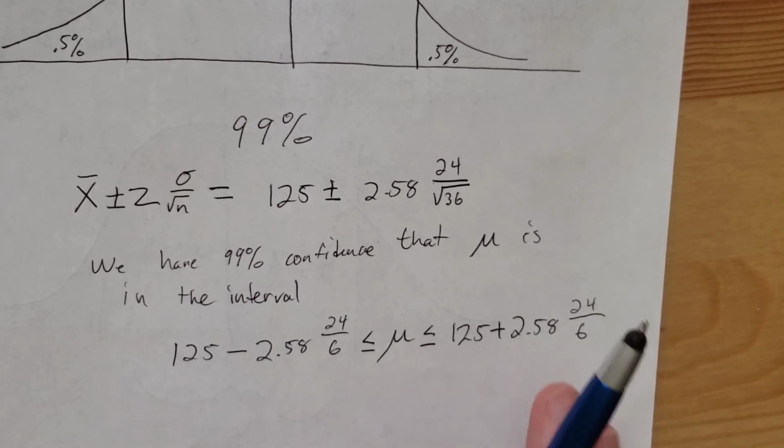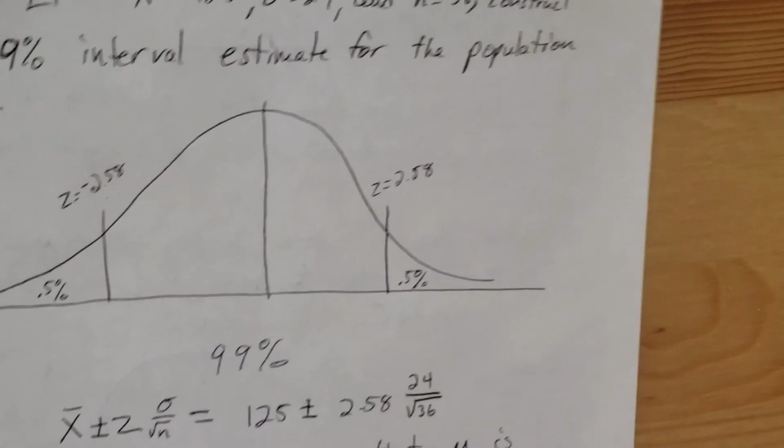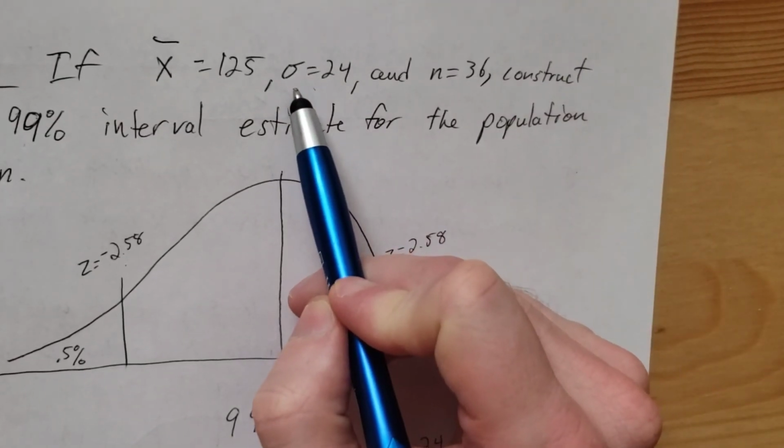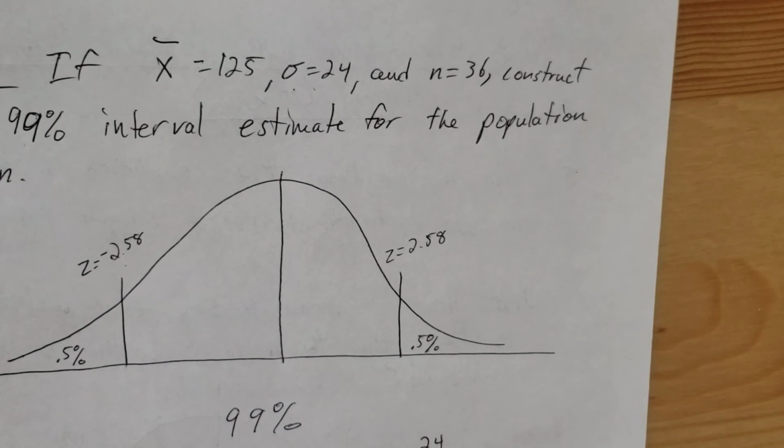But unfortunately, in this problem, we've used sigma. Sigma is the population standard deviation. To actually know that, we need to know the entire population to be able to calculate it. In other words, if we did know that, we could calculate the population mean in the first place.